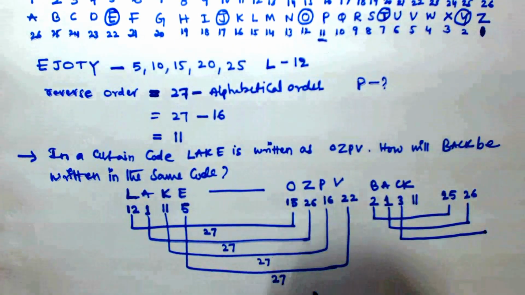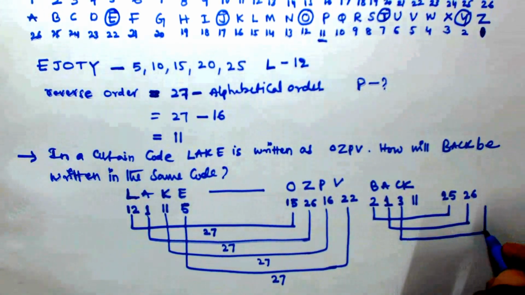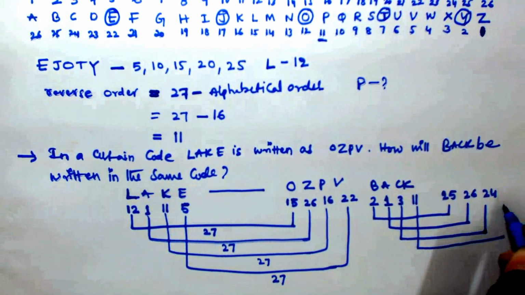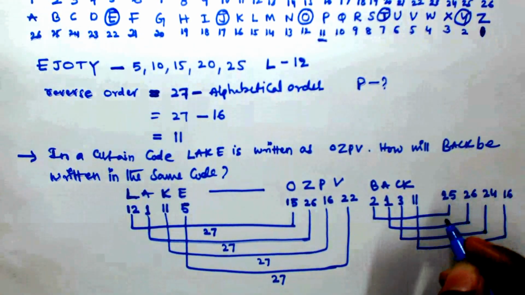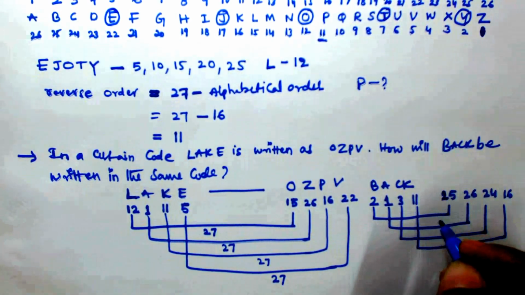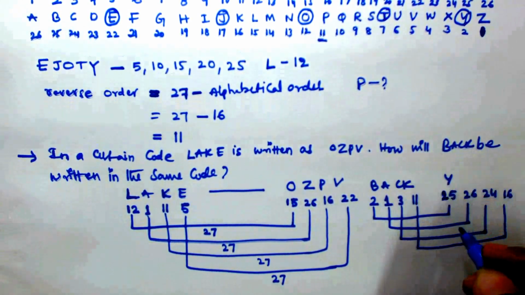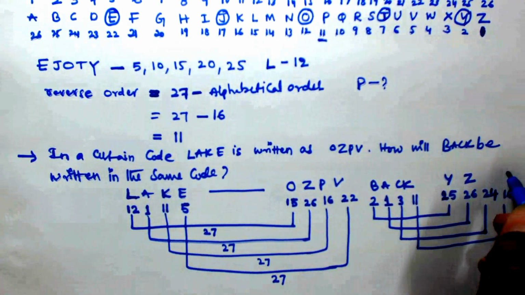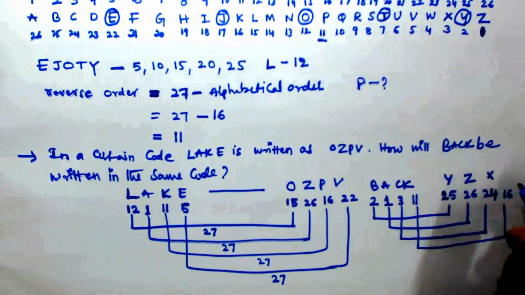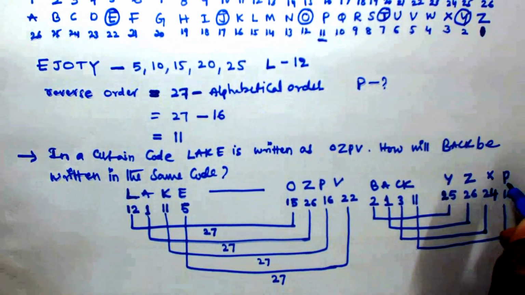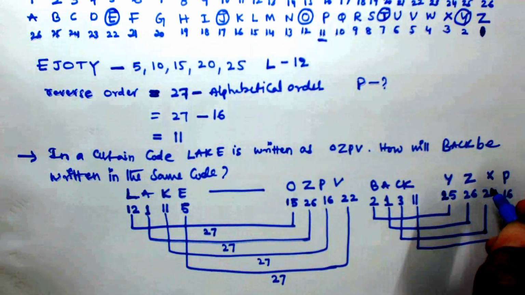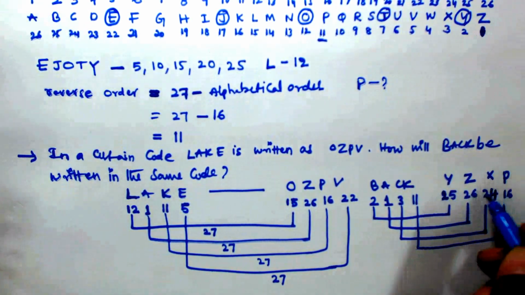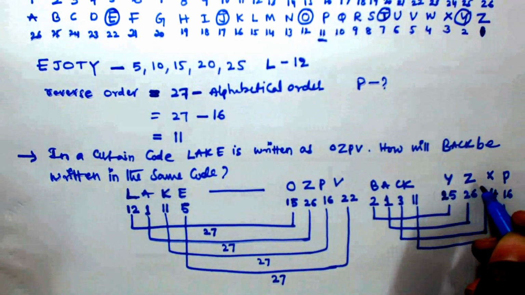By adding 24 to 3 we get 27. By adding 16 to 11 we get 27. So what is the 25th letter? The 25th letter is Y using EJOTY, 26 is Z, 24 is X, and 16 is P. So BACK is coded as YZXP.